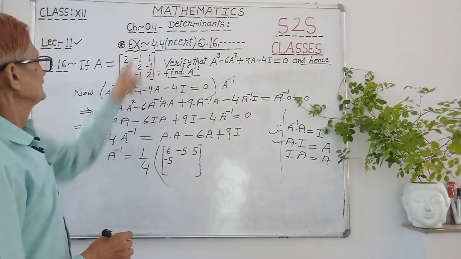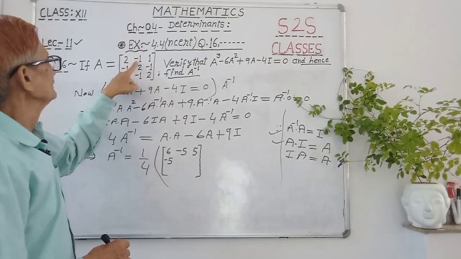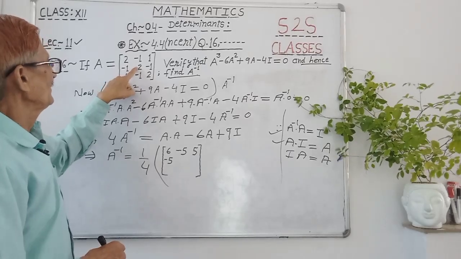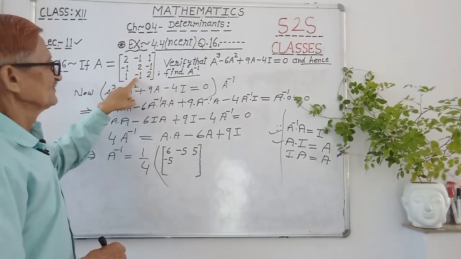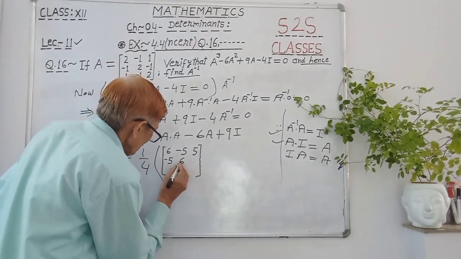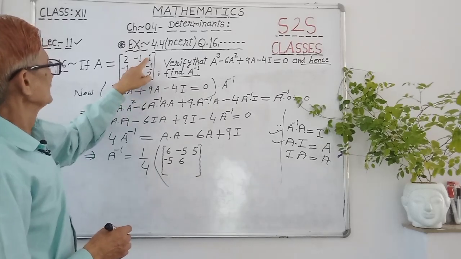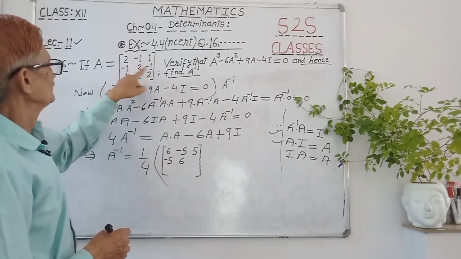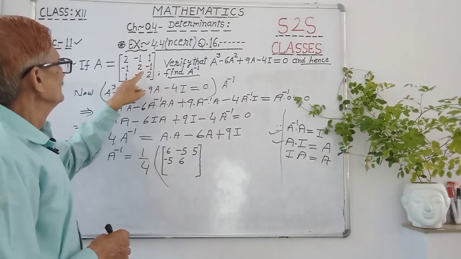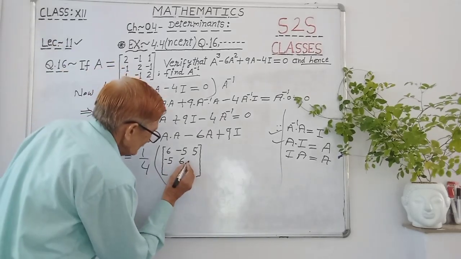Now second row with second column: 1, 4, 5, and minus 1 into 1, 5 1 6. Now third column: minus 1 into 1, minus 1, 2 with minus 1 minus 2, minus 3, and minus 1 into 2, minus 2, then minus 5.